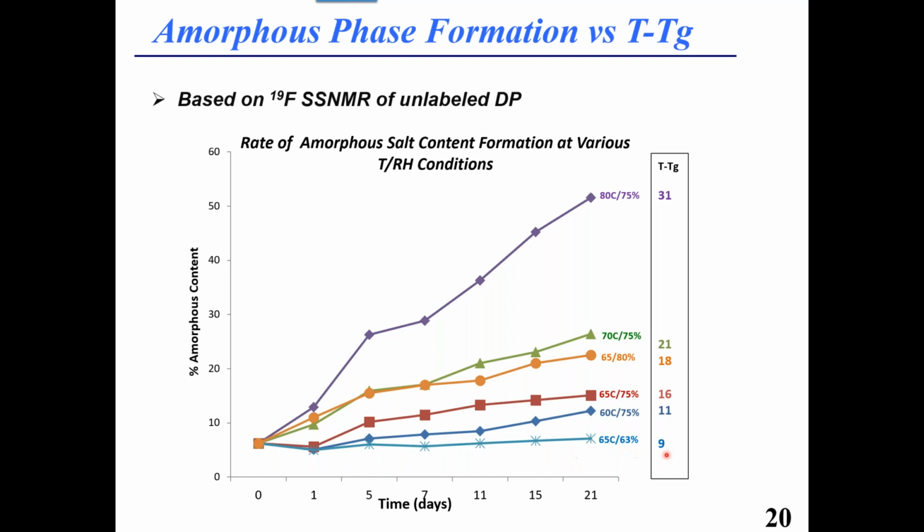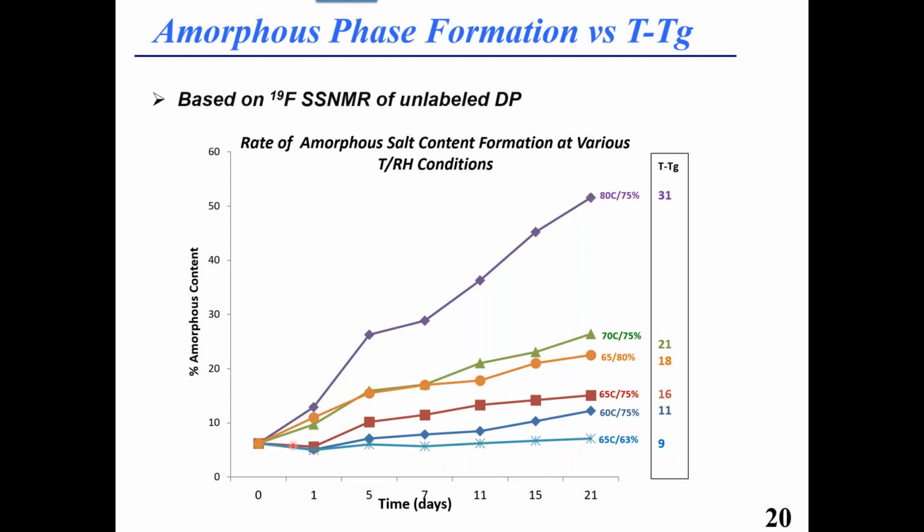So interestingly, if we put it in perspective versus Tg of that polymer in the mixture, we can see that there is very good correlation: above the Tg, the amount and the rate of amorphization increases.